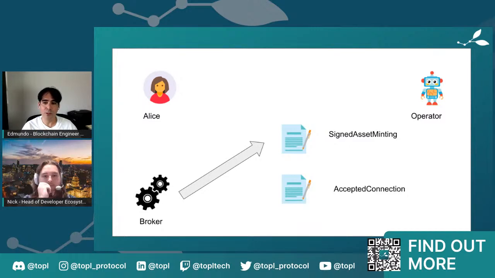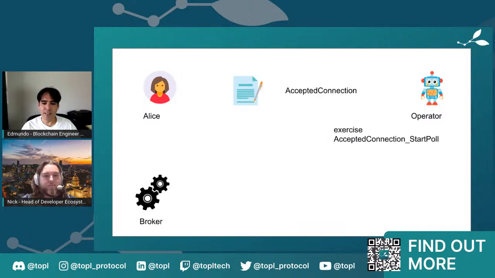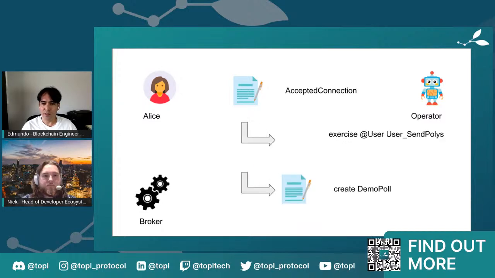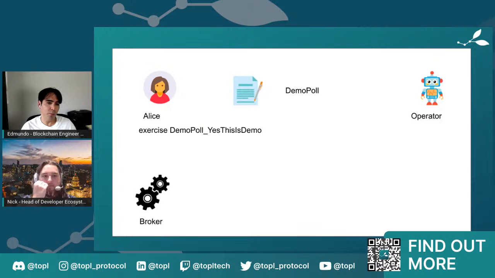And once the transaction is confirmed, this operator will take this accepted connection and exercise the start poll. This will automatically send the polys to the user. So the 1,000 polys will be sent when the connection is accepted by the operator. And we'll also create the demo poll. So the demo poll is where the user can vote.